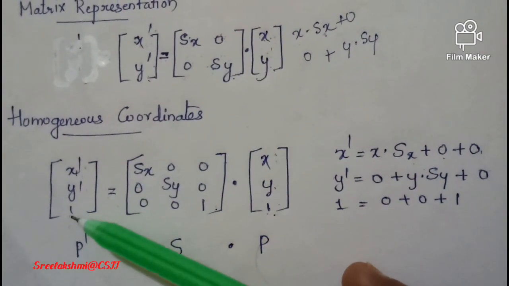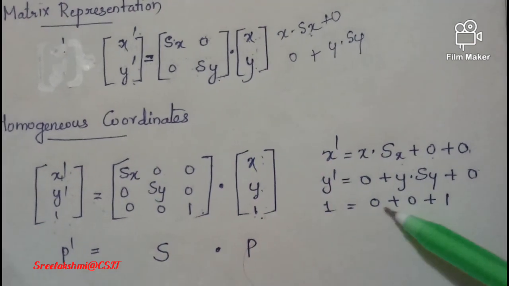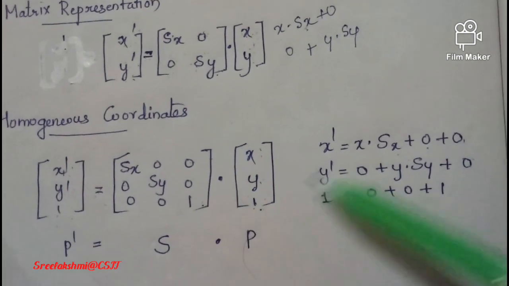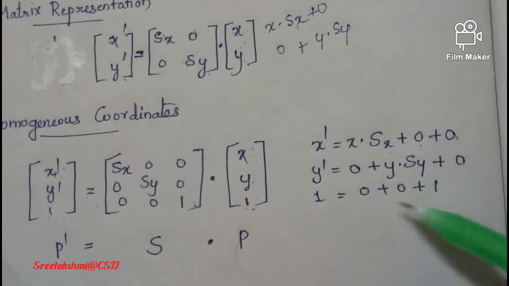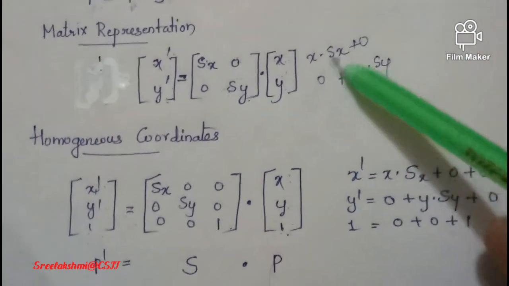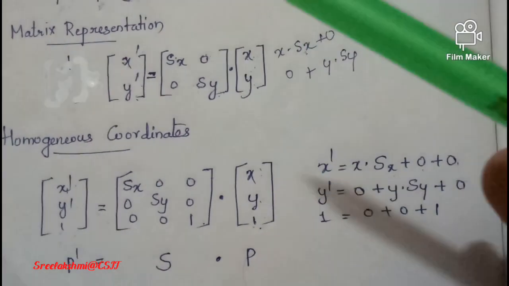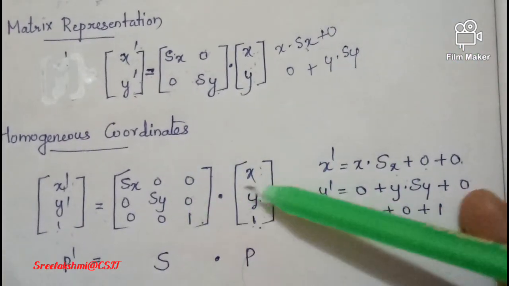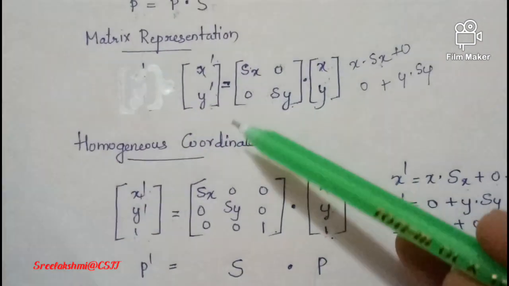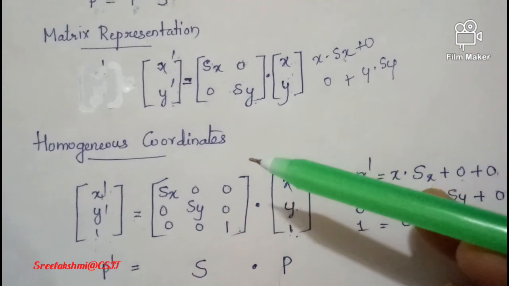Now comes the third value. 1 is equal to 0 into x, which is 0, plus 0 into y, which is also 0, plus 1 into 1, which is 1. So 1 equals 1. You got all the 3 equations. Still the value is not changed. You have represented the 2 coordinate system using 3 coordinates and the value is still the same. When you multiply these 2 matrices, you get the same equations as above. So this is how you can represent scaling using the homogeneous coordinate matrix system.